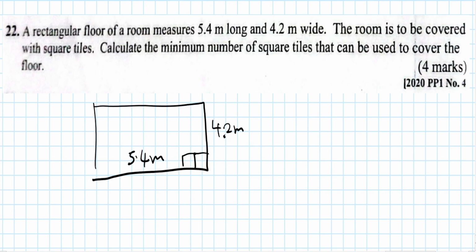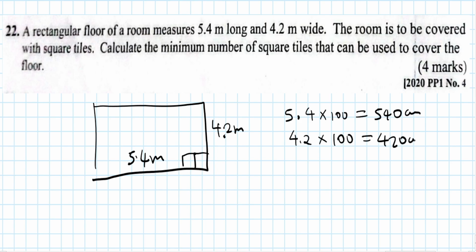Now, how do you find the LCM of 5.4 and 4.2? That is correct. So we can do this: 5.4 times 100 so that we can change it into centimeters. You get 540, and 4.2 times 100 will give you 420 centimeters.